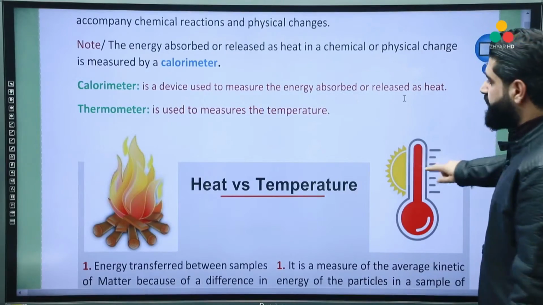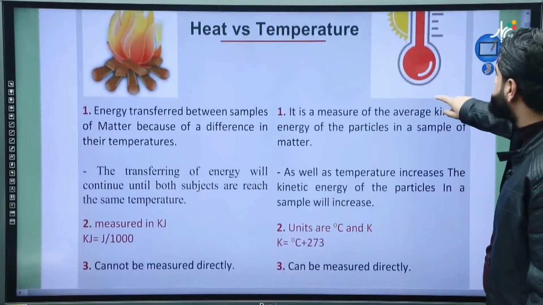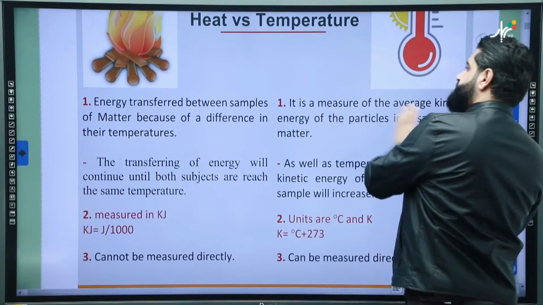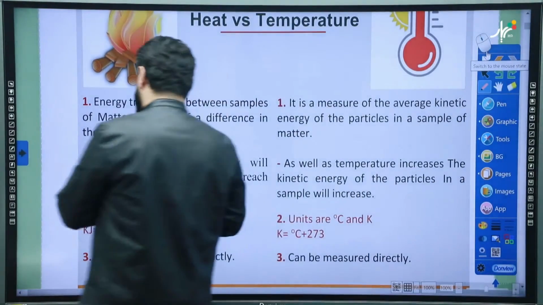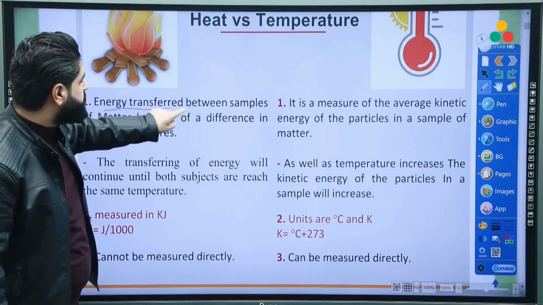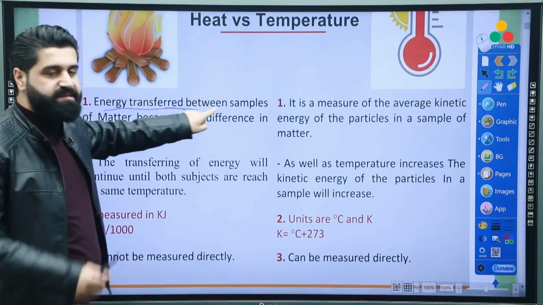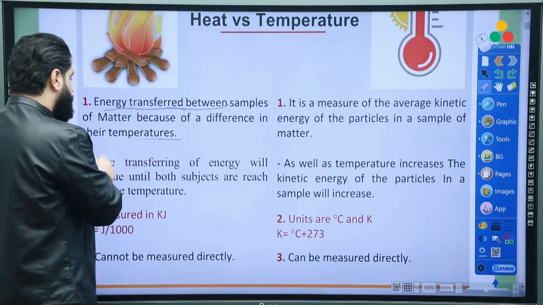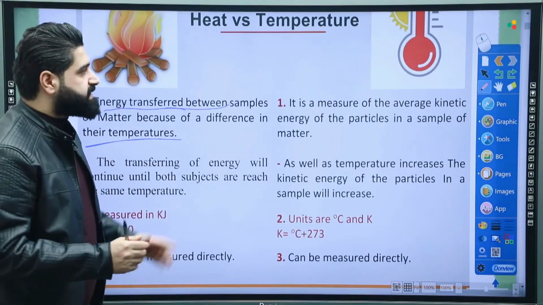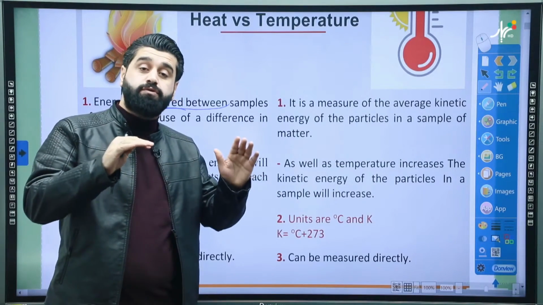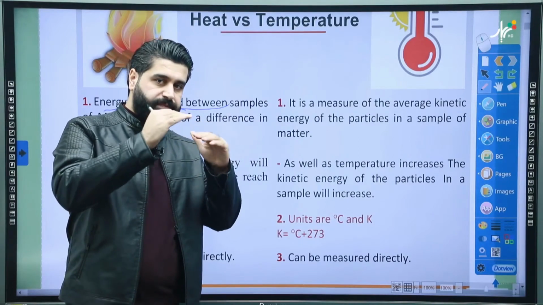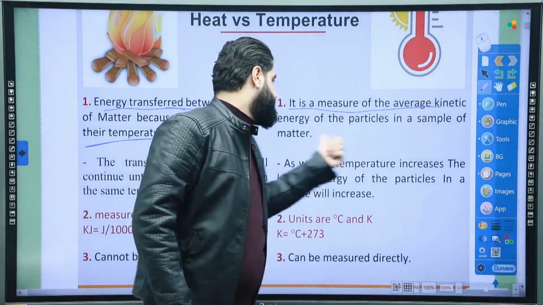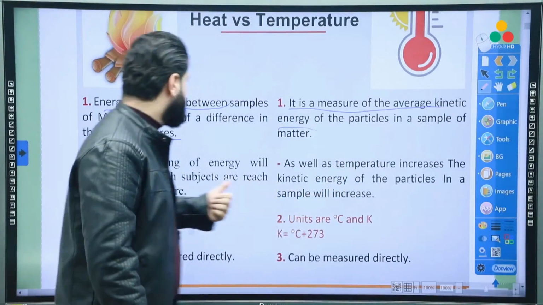Well, let's see the following points that I'm talking about just now. So here we have temperature, here we have energy. Heat is a transfer. It can be transferred between samples from the higher temperature to the lower temperature. Or it's a form of energy that transfers between samples due to their temperature difference. But temperature is a measure of the average kinetic energy. Look how they differ.